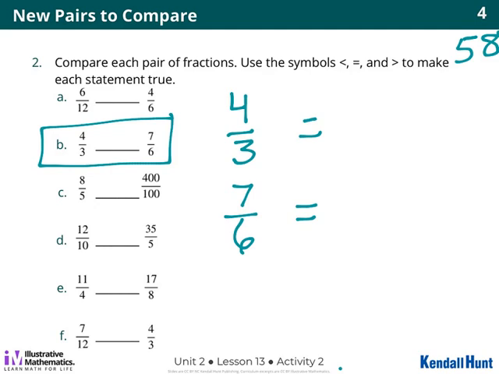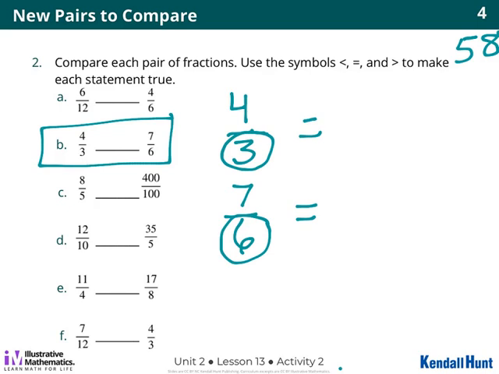Then we're going to look at our denominators. What number does 3 and 6 go into evenly? What number goes into 3 and 6? Okay, Annie?